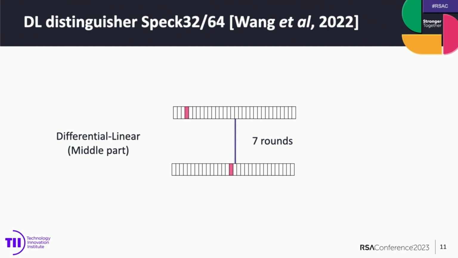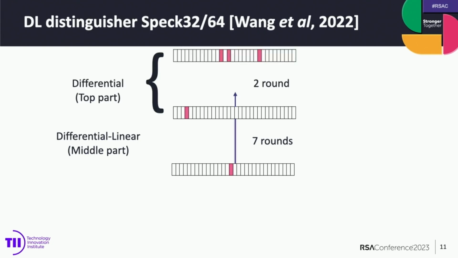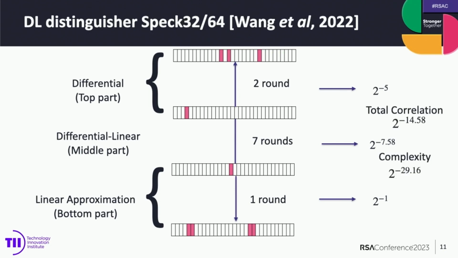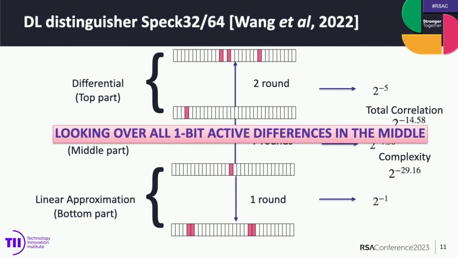By doing so, they found these two positions that I'm showing in red here, and after that they extend backward 2 rounds to find the differential pair and forward 1 round to find the linear approximation. Using the aforementioned formulas, it is possible to compute the total correlation and also the complexity to distinguish a cipher from a pseudo-random permutation.